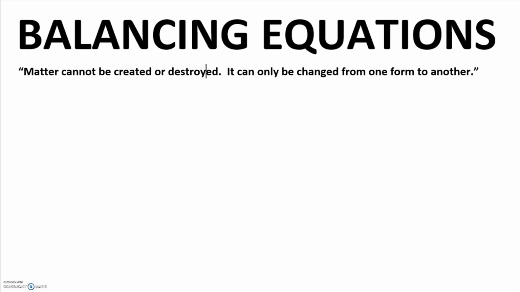Today we're going to be looking at what we call balancing equations. And it operates under this rule that matter cannot be created or destroyed. All you can do with it is change it from one form to another.